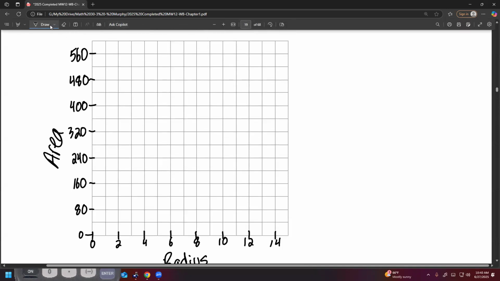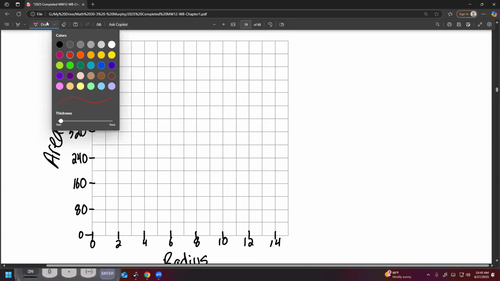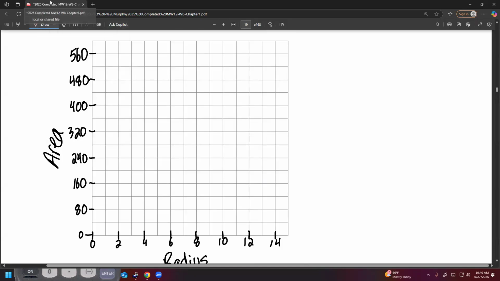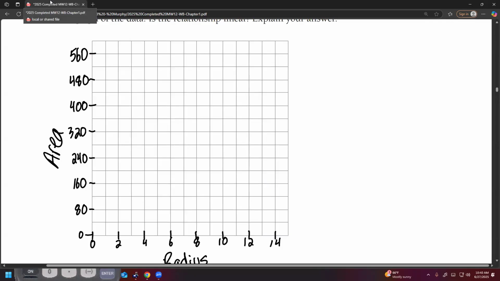Okay, so we'll plot our points here. And the first one is 2 and 12.6. So right about there. Because every block is 40. 3 and 28.3. So a little over halfway.